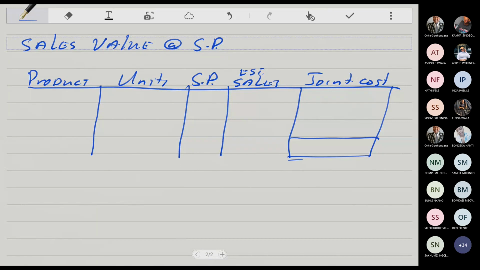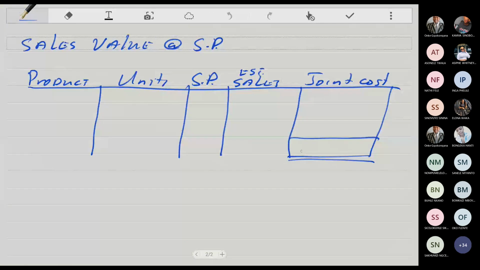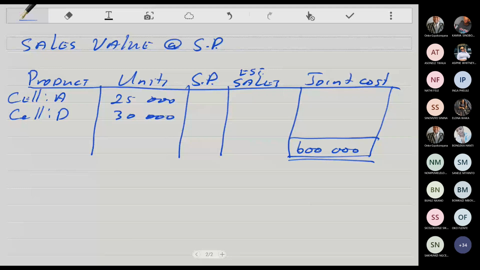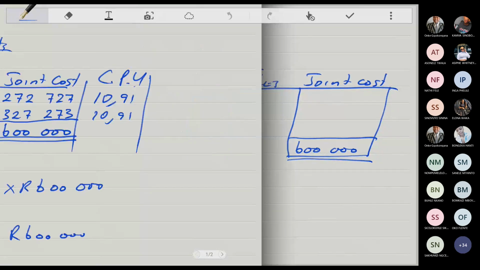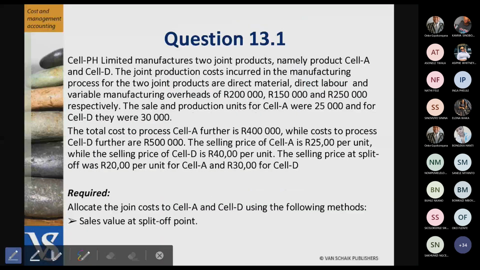We do know from the previous calculation that our joint cost is 600,000. It hasn't changed. For cell A and cell D, the units are 25,000 and 30,000. There's no point in adding them now because we're no longer going to use the physical units to allocate. Let's look at the selling price at split-off point, not just any selling price from the question.